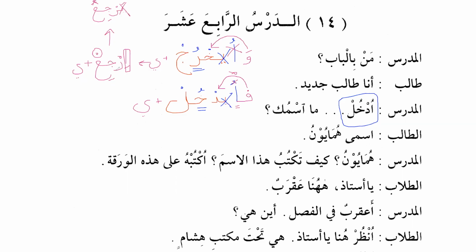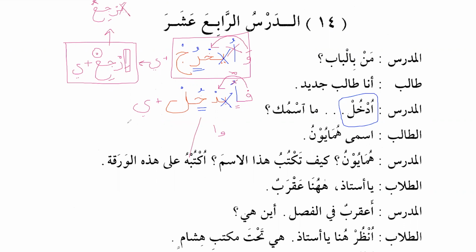All right, so in this little short intro, we've covered how to form the command form of the verb for the singular masculine, and also for the singular feminine. Now, the same is true for the plural. If you're going to tell a group of boys to go, you're going to say ukhruju, with the waw and alif at the end of the verb.